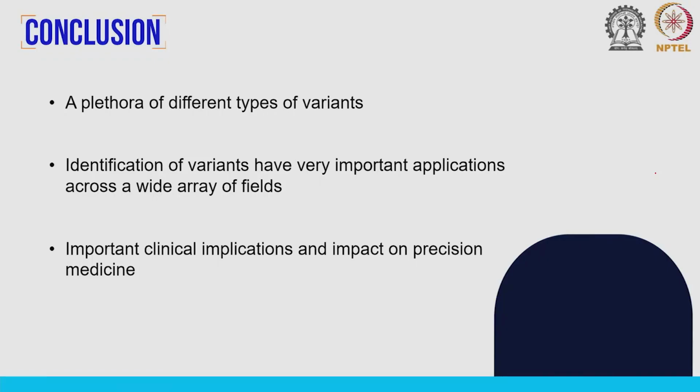We have very briefly discussed some of these applications, but I encourage you to go into more detail, read those references, and you will get a better idea of these applications. We also talked about the clinical implications: we can apply variant calling for clinical applications such as mutational signatures in cancer or disease gene discovery for genetic diseases.